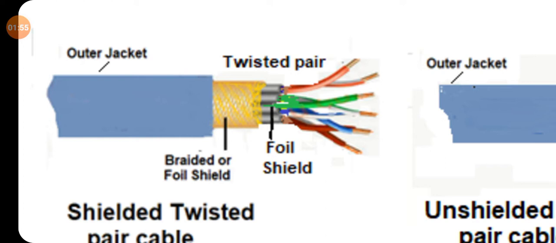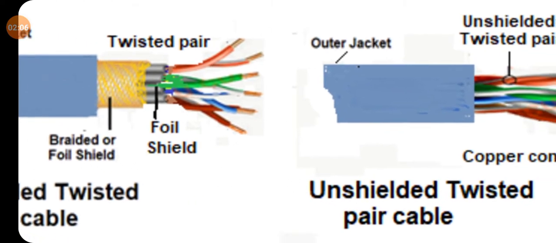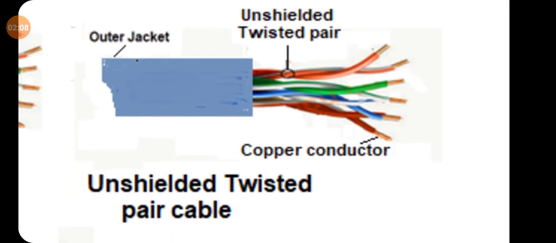That is why these are called shielded. The next part is the outer jacket. The outer jacket also provides protection. Clear? Now let us see unshielded twisted pair.